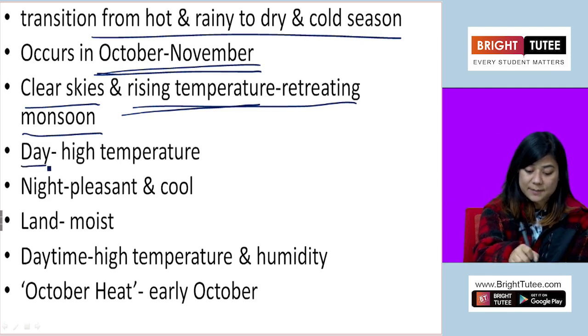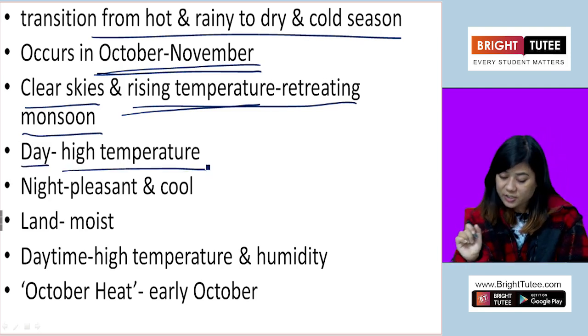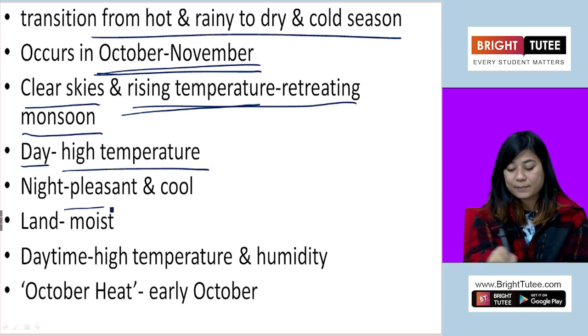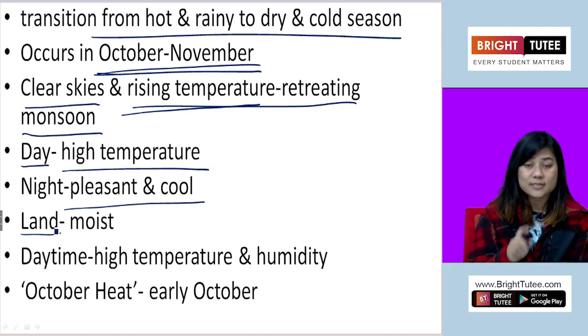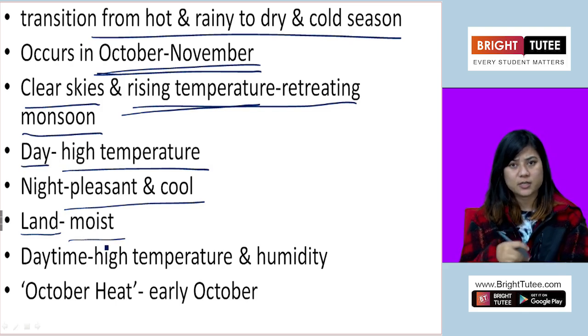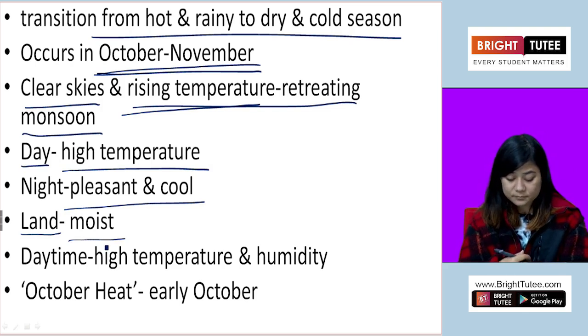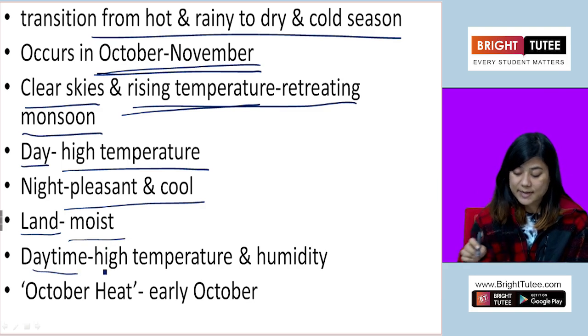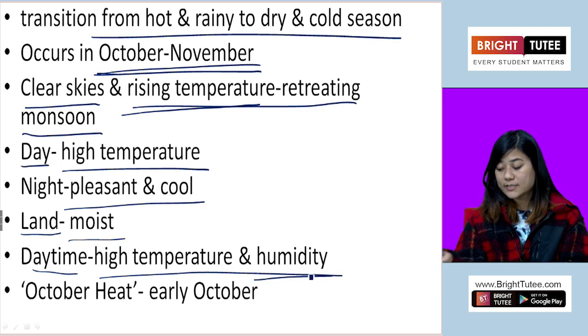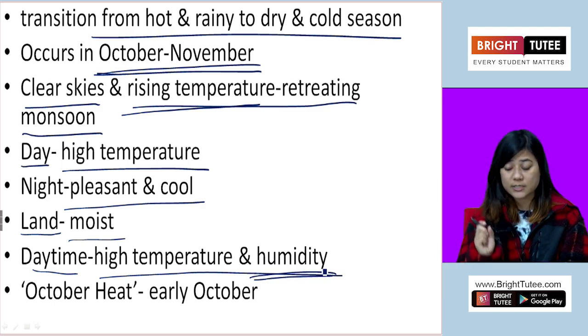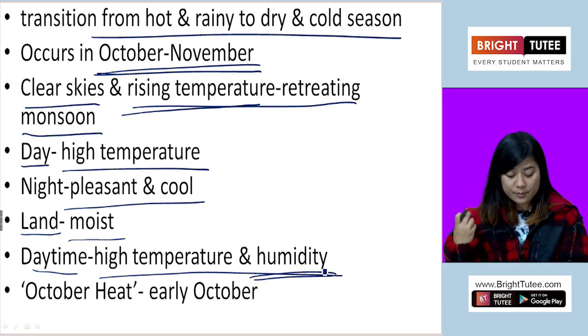During this time the days have higher temperature, but the nights have pleasant and cool weather. The land during this time is moist, it's not dry. During the daytime the temperature is high and it also has humidity. The moisture content is also fairly present.